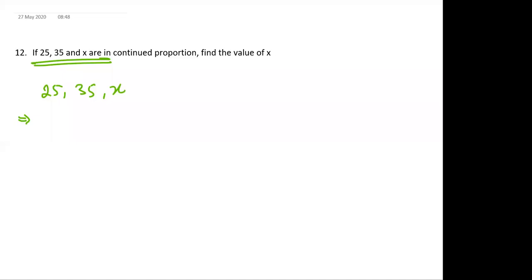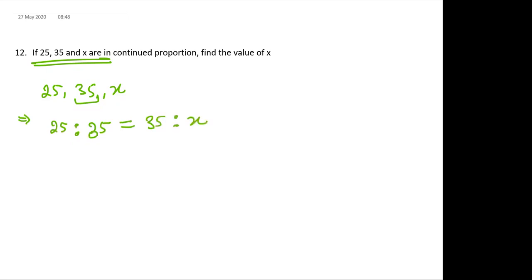Very good, Arpan. Ali Jafri, Rukaiya, very good, beta. Jatin, Bisma, yes. So we have to repeat the middle term, okay? So this time 35 we will repeat. So 25 ratio 35 is equal to 35 ratio x.